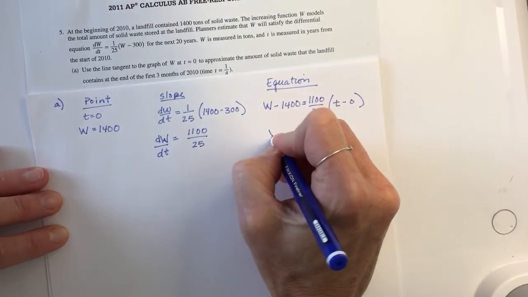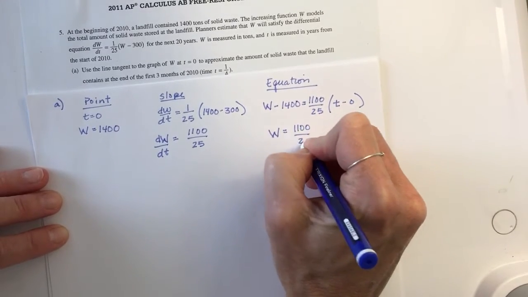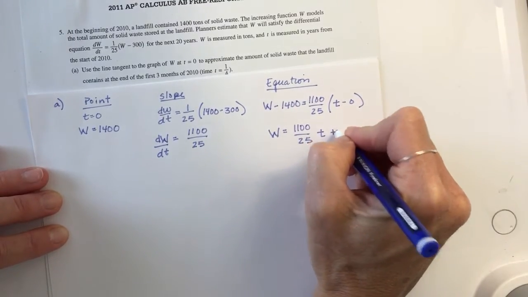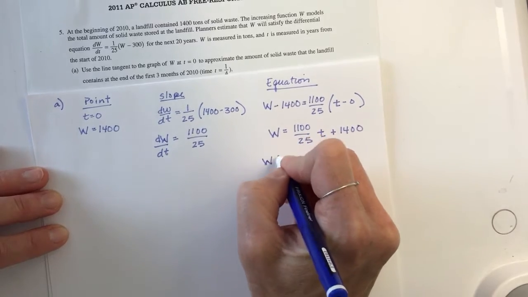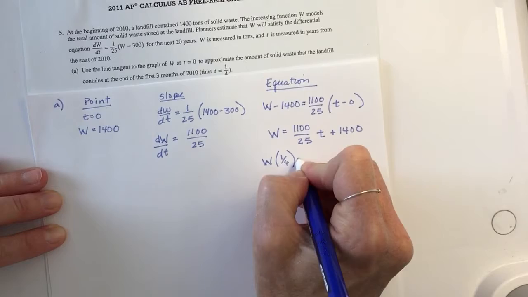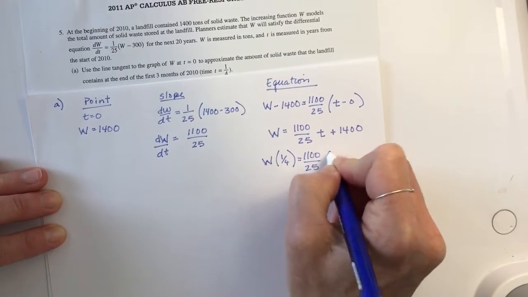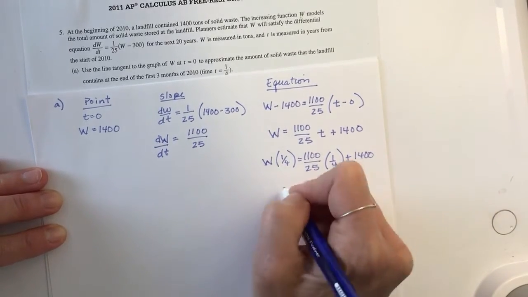Now we're going to use that to approximate W at t equals 1/4. So I'm going to make this a little bit better here: W equals 1,100/25 t, and I'm going to add that 1,400 over. Can you see all that? Oh, good. W of 1/4 is equal to 1,100 divided by 25 times 1/4 plus 1,400.